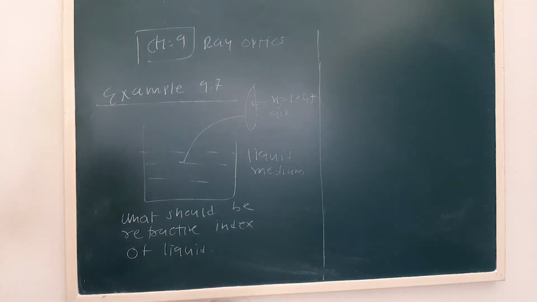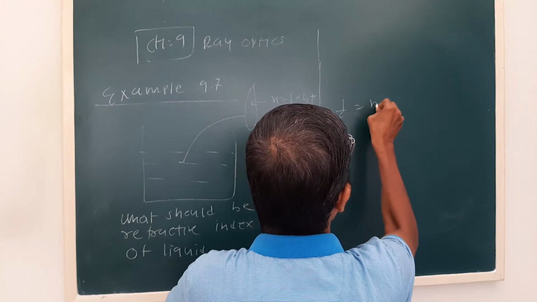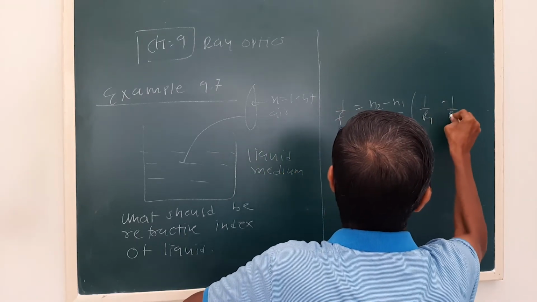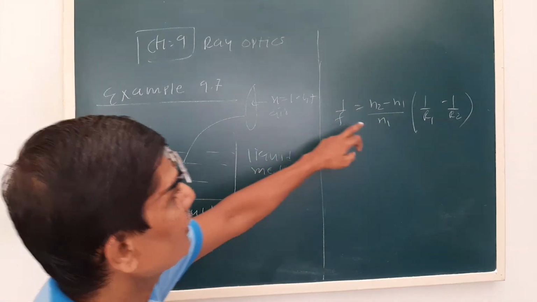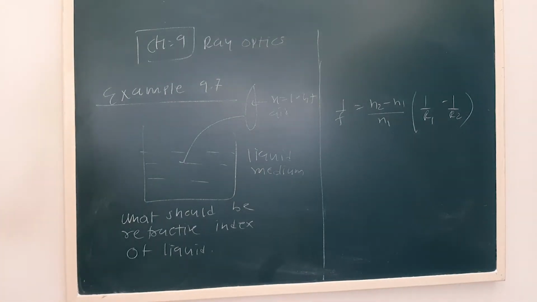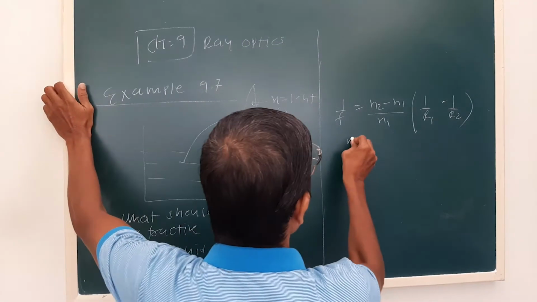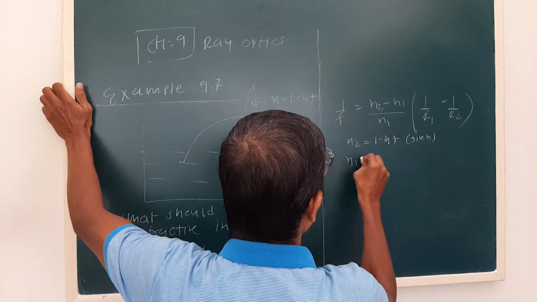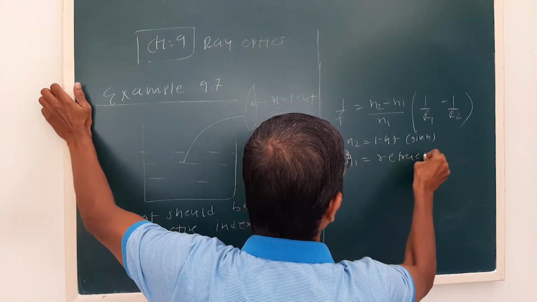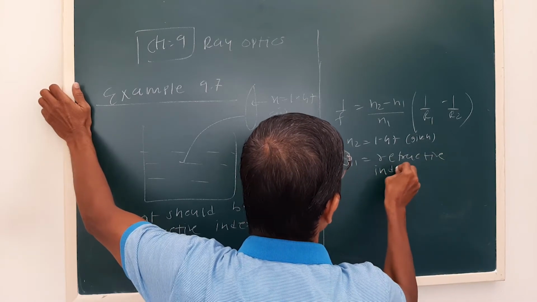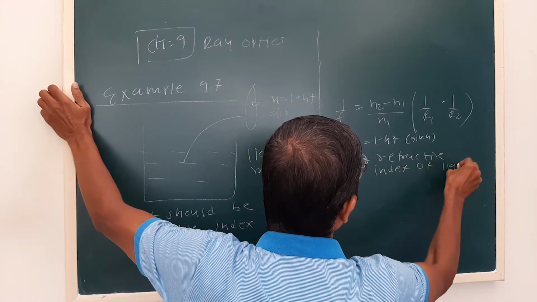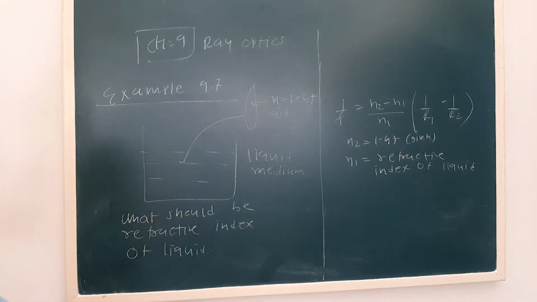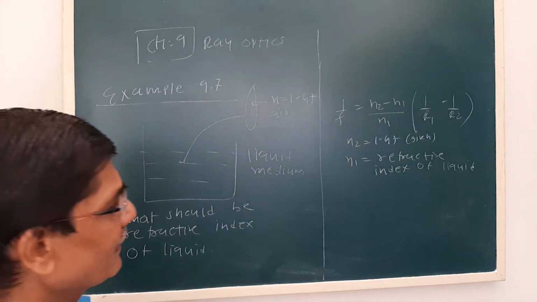Now see our formula. 1 by F is (N2 minus N1) times (1/R1 minus 1/R2). Here R1 and R2 are the radii of curvature of the lens. N2 is 1.47, that is given. N1 is the refractive index of liquid. Why? Because initially the lens was in air, now we have to place it in a liquid. So see what we can see here.